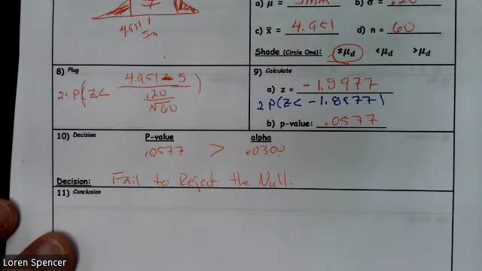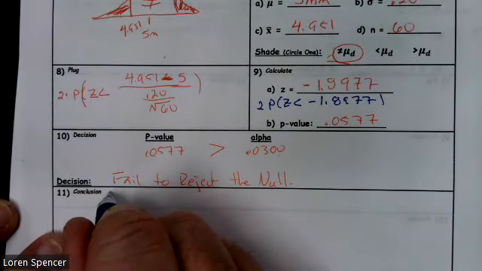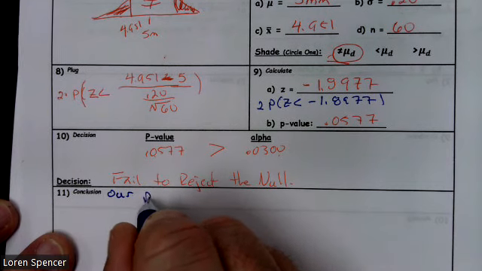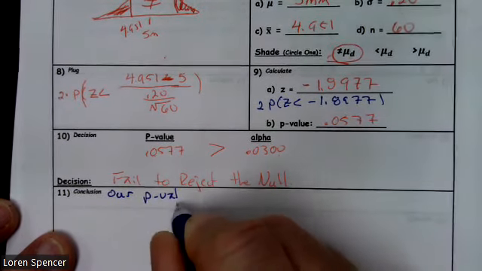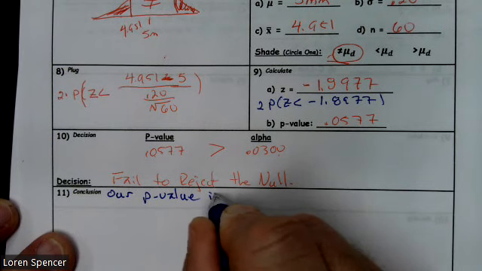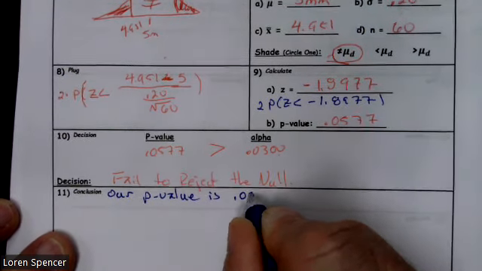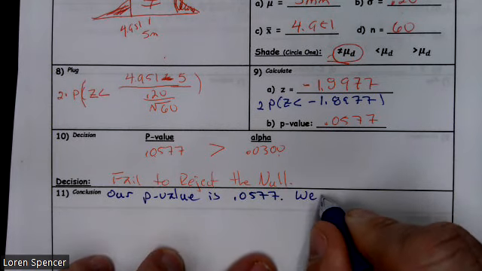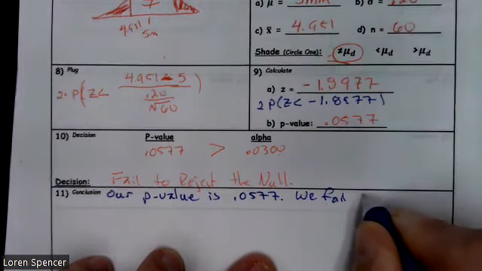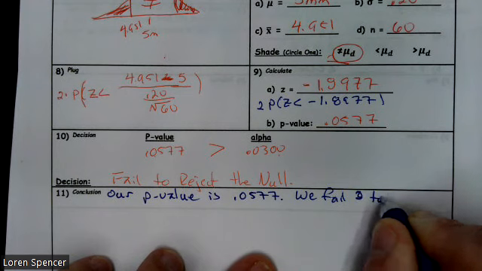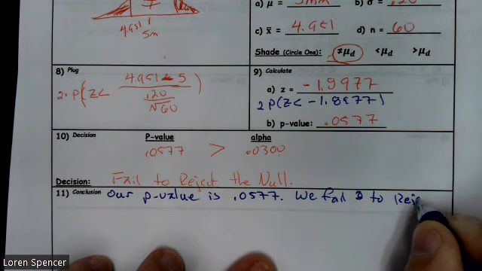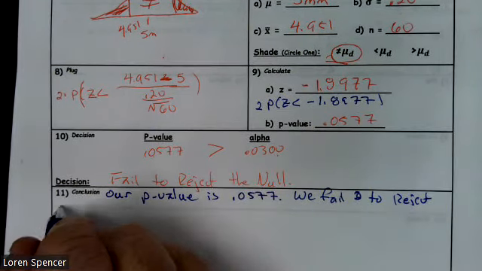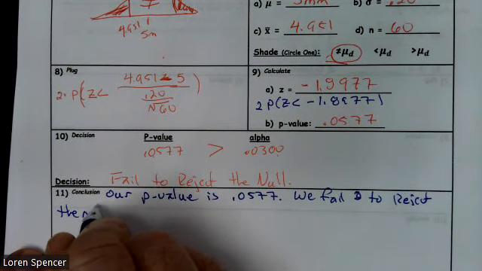So our conclusion is simply: our p-value is 0.0577. We fail to reject the null.